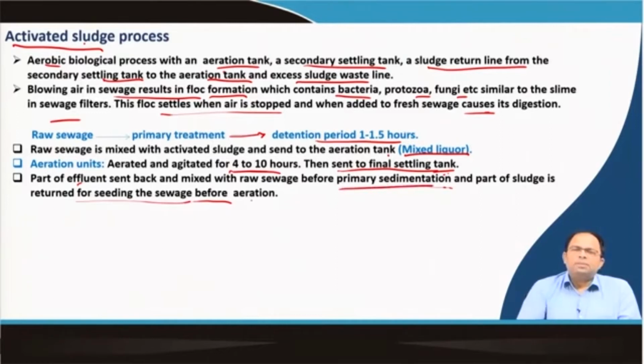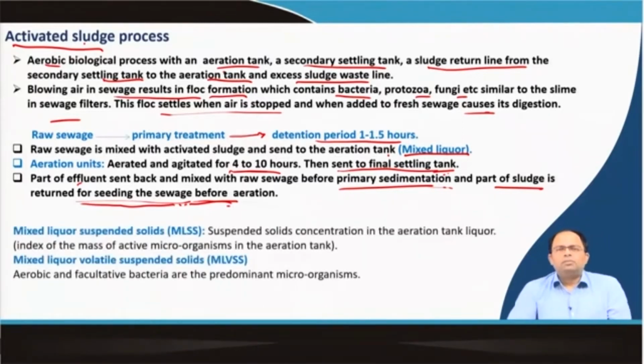That helps in starting the biological growth in that particular media. Even though the sedimentation process is not able to remove that biological matter, we start the biological growth over there, so that when it comes to the aeration tanks, there is automatically a certain amount of bacterial growth in that wastewater. At the same time, some sludge is also added before the aeration tank as well. So, both could be done.